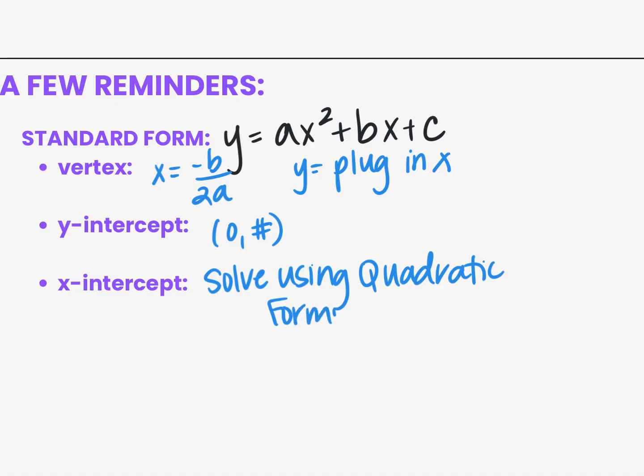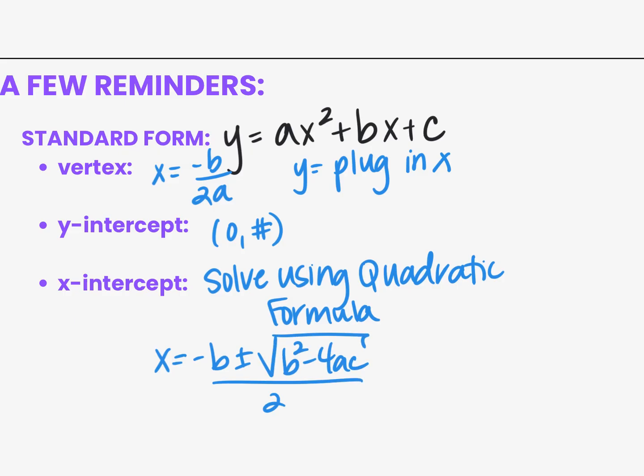So remember, that's x equals the opposite of b plus or minus the square root of b squared minus 4ac all over 2a. Okay, so again, there's just some reminders of how we're going to find what we're looking for once we get these equations.